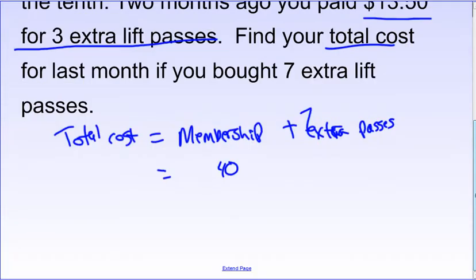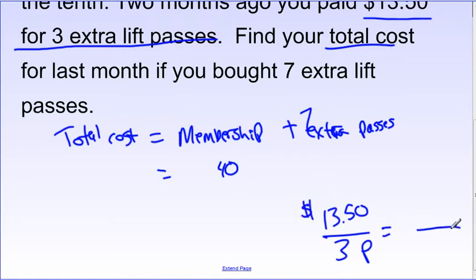So we're going to put this on hold for a second, and we're going to find out how much it costs for each extra lift pass. Because it says it costs $13.50 for 3 passes. Well, how much does it cost for 1 pass? Because if we know how much it costs for 1 of them, we can find out how much it costs for 7 of them. So take this, divide by 3.